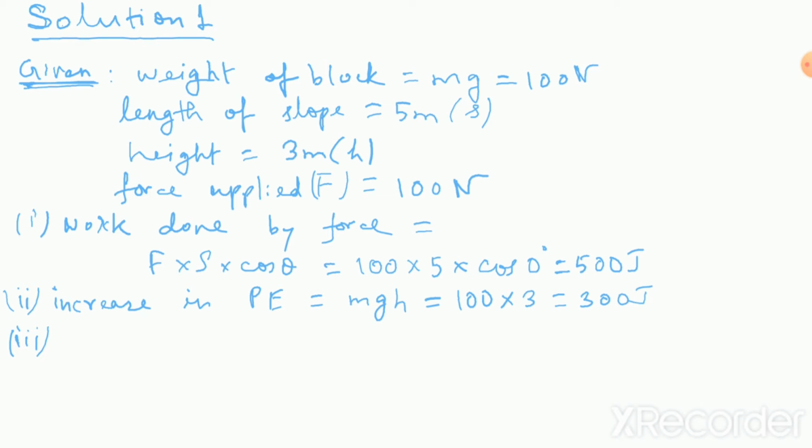Now here, the increase in potential energy is 300 joule, whereas the work done has been 500 joule. The increase in potential energy should also have been 500 joule, but it is not so. The actual increase in potential energy is 300 joule, but we have to do some extra work. So why is this difference coming? Actually, how much is the difference?